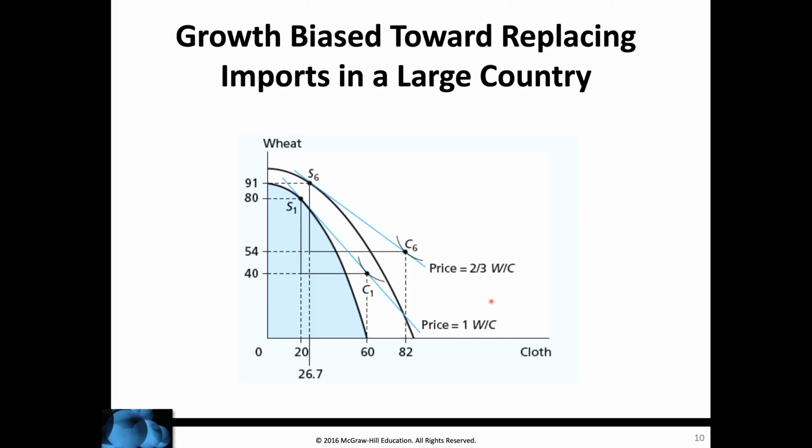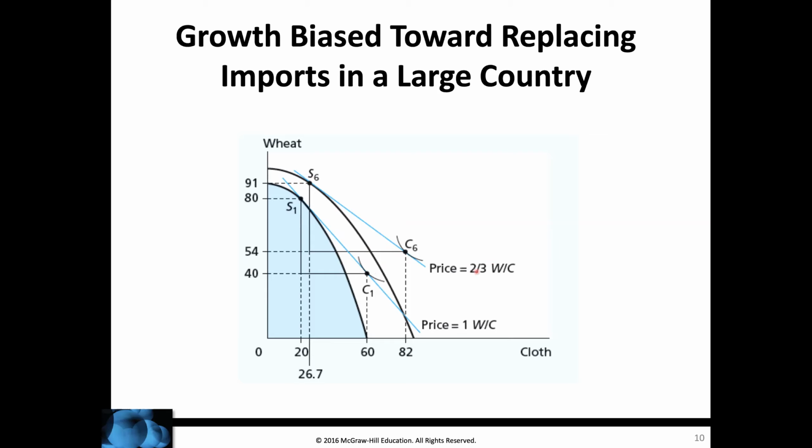Thus, the country gains more from growth as consumption shifts from C1 to C6 because the price line becomes flatter. In the previous examples, the price lines were parallel, but in this case, we see it getting flatter at C6.